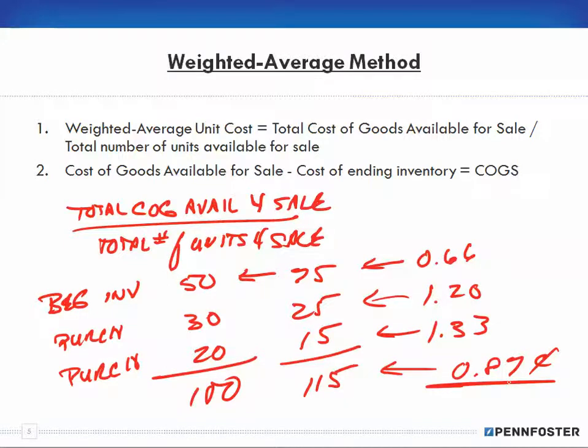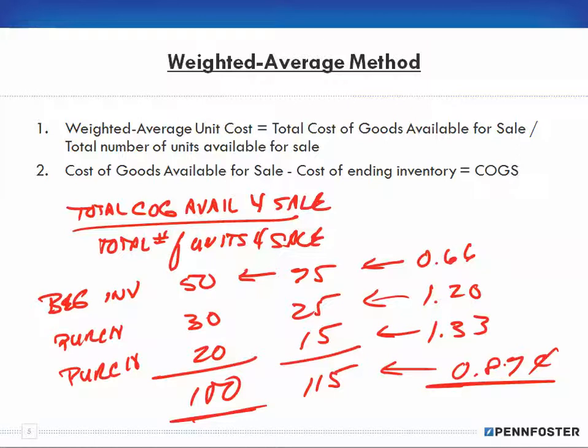That's the average cost for each one. When I take the 115 times 87, I still get the goods available for sale of $100. But I know each one is worth that 87 cents.